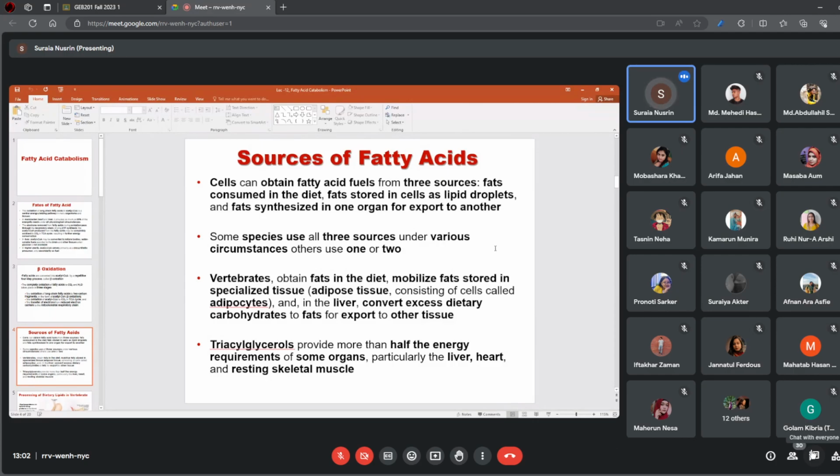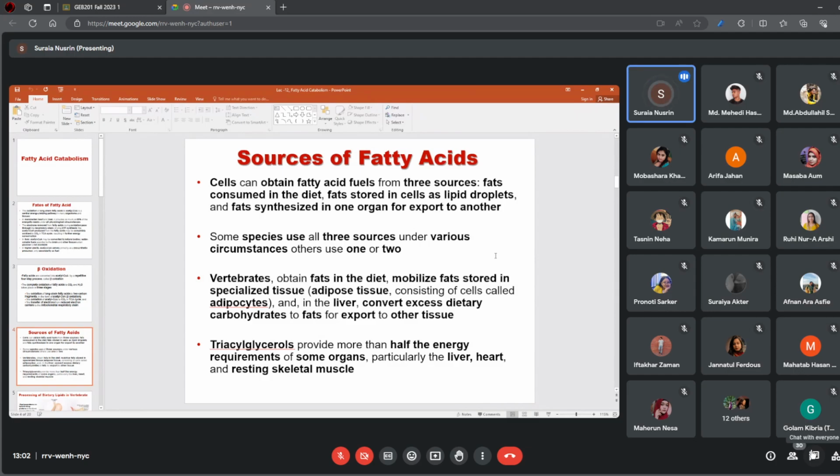We can get the fat from our diet, or the fat can be stored within our cells as lipid droplets, or fats can be synthesized by one organ and then exported to another. ওকে, এটা আমরা হয়তো বা দেখিনি আগের ক্ষেত্রে, বাট সেখানেও আমরা দেখেছি যে glucose is synthesized from non-carbohydrate source, gluconeogenesis. We can compare this third process with that one.